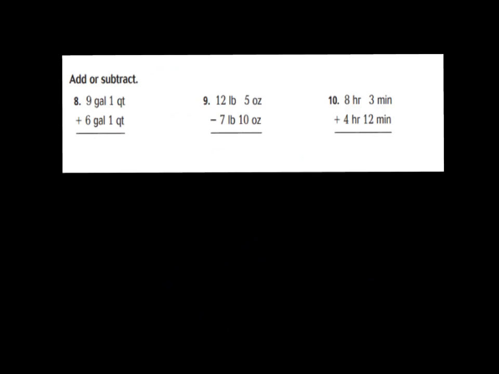Now, because I promised you that you'd only have to do the odd problems, I'm going to go ahead and do number 9 with you. Now, it says 12 pounds, 5 ounces minus 7 pounds, 10 ounces.